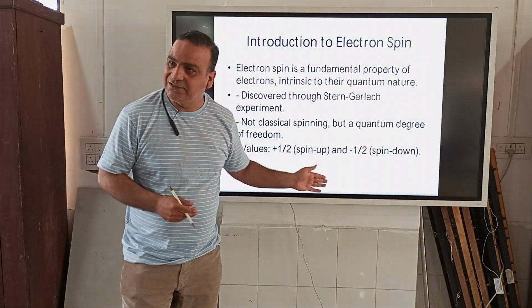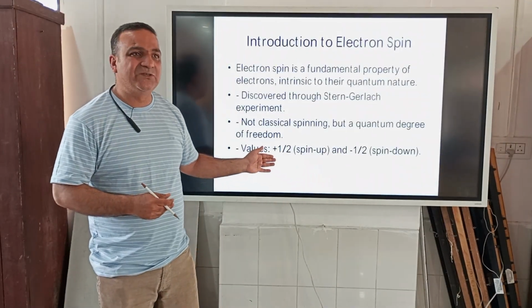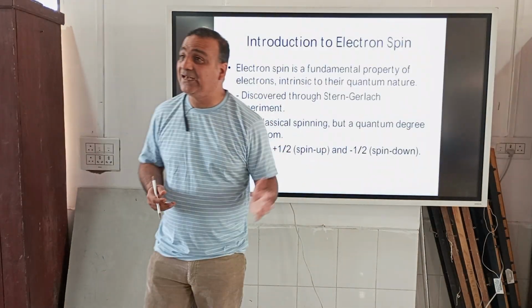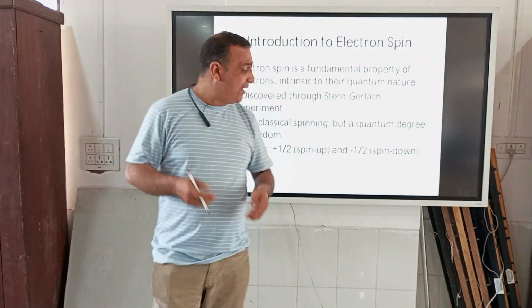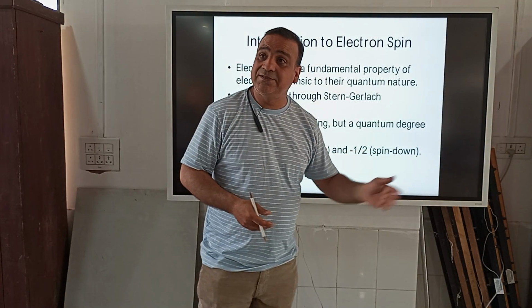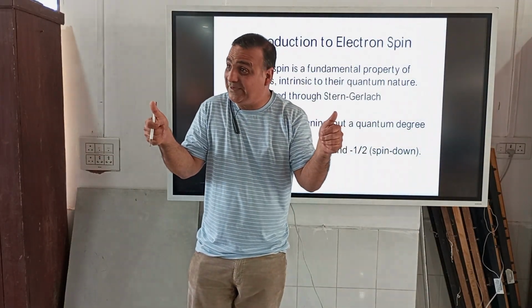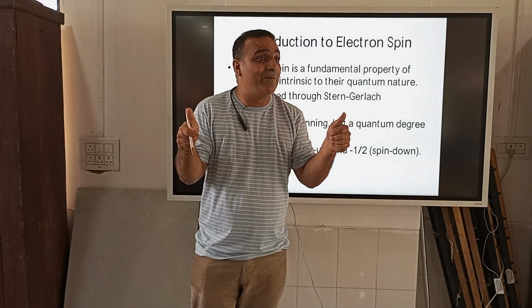And you have these numbers linked with the spin angular momentum, and that's plus half. And plus half tells us that the spin is up, and minus half tells us that the spin is down. This is not that physical up and down. You have to keep this in your mind.